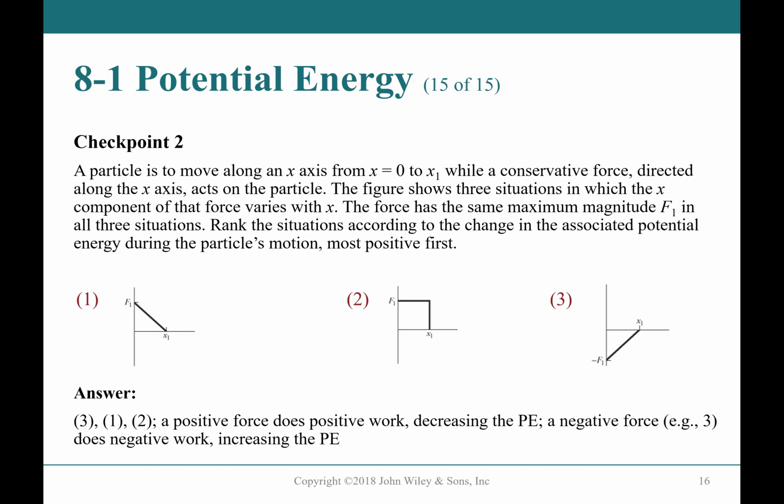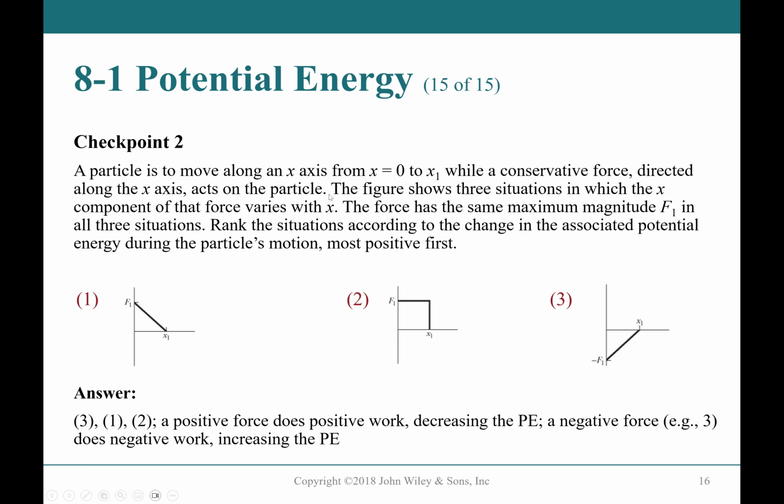Okay, with that being said, let's take a look at this conceptual example here. A particle is to move along the x-axis from x equals 0 to x1, while a conservative force directed along the x-axis acts on the particle.